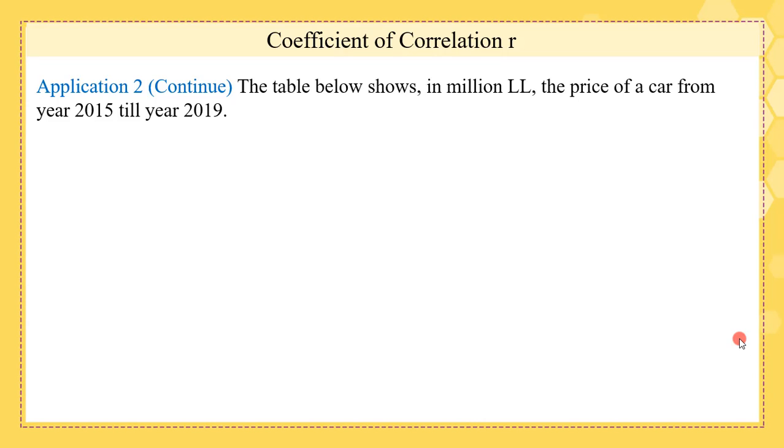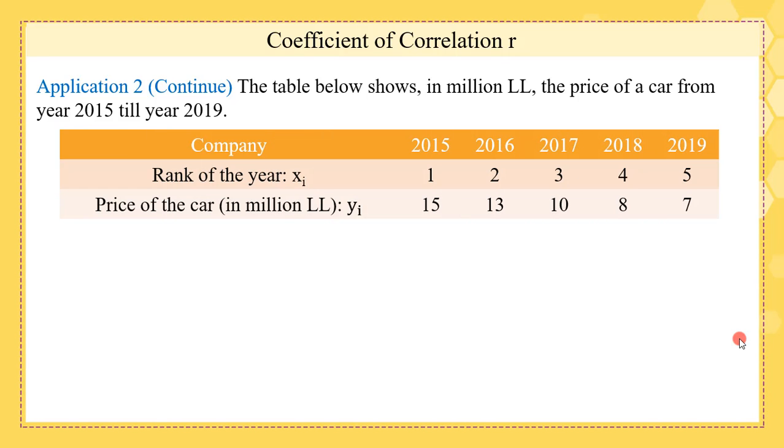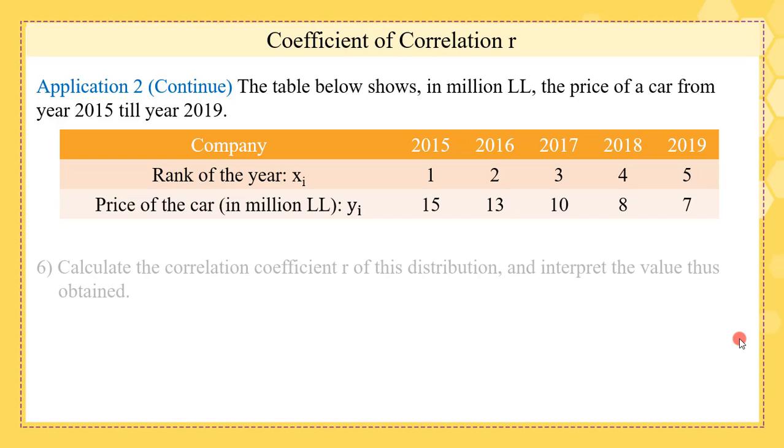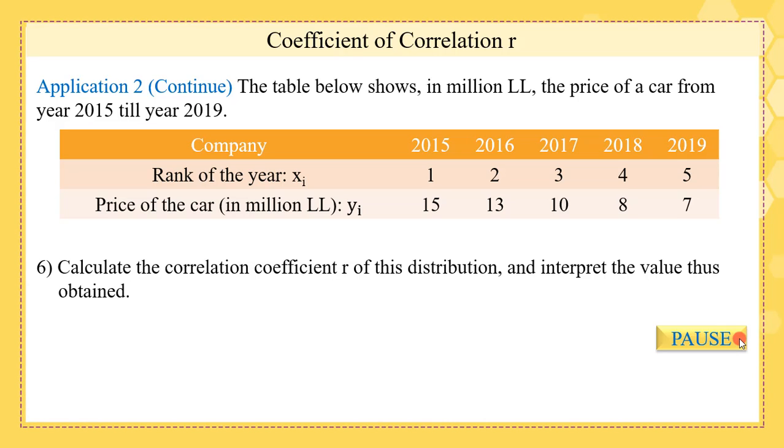Application 2: the table below shows, in million Lebanese lira, the price of a car from year 2015 till year 2019. Calculate the coefficient of correlation R of this distribution and interpret the value thus obtained.